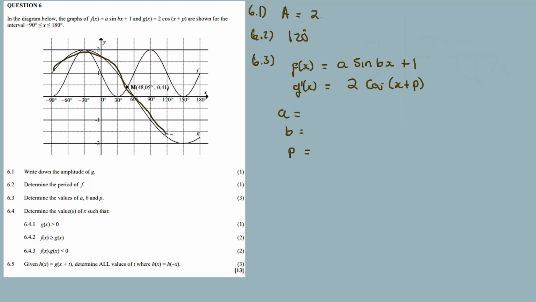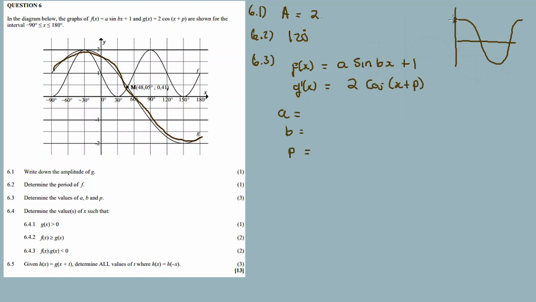Here's g. Let's start with p. So g, what is it? It's a cos function. So we know that the parent function of a cos function looks like this.